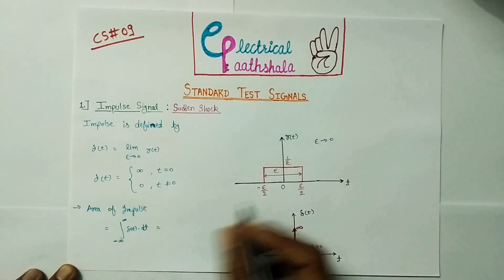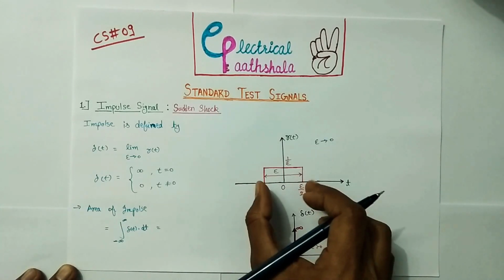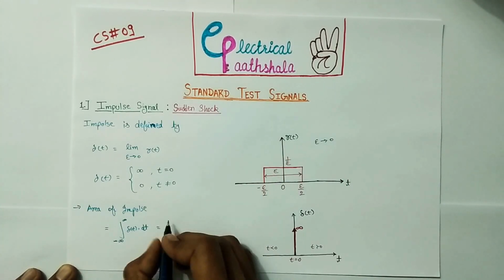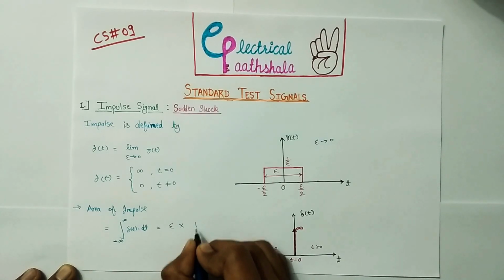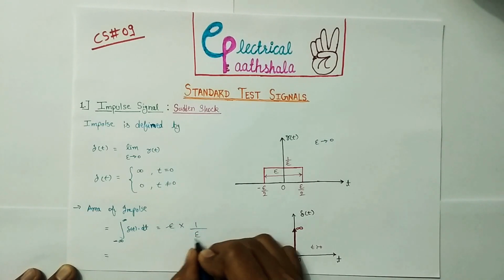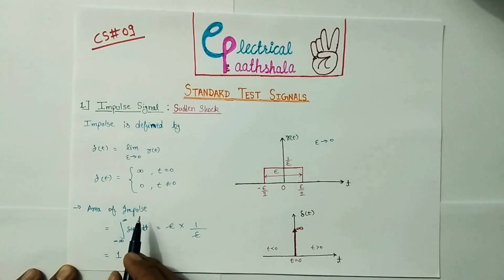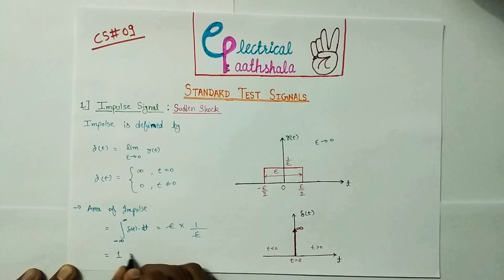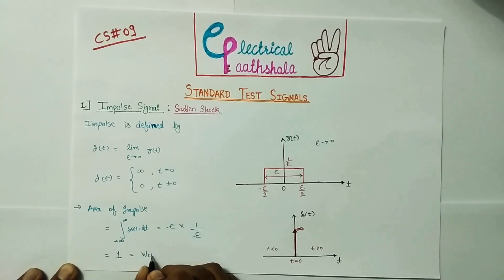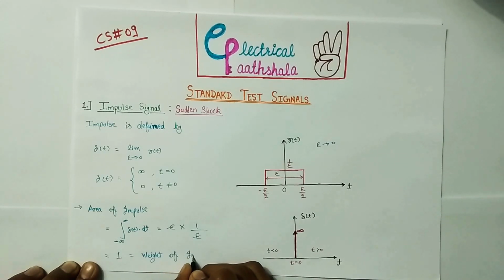Now the area of this short duration pulse can be given by width into height. So epsilon into 1 by epsilon, and these two will cancel out, and that will give us 1. So area of impulse is always 1, and this is also known as weight of impulse.